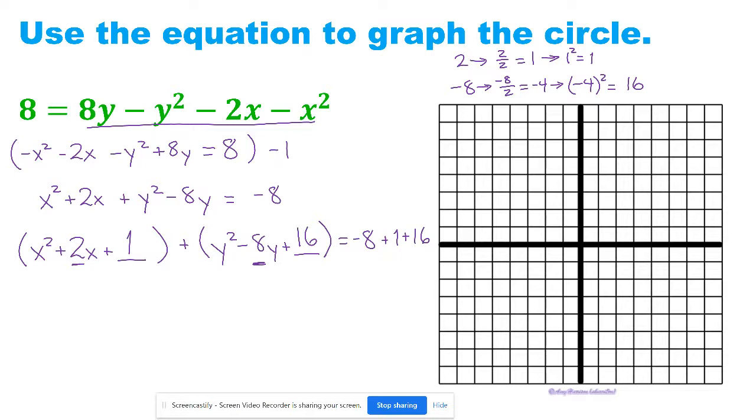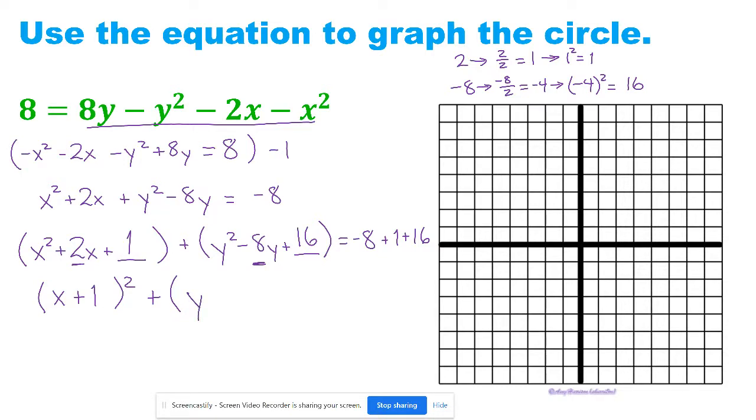All right, so now I can simplify this, factor these down. So x squared plus 2x plus 1. If I factor that, I'm thinking what two numbers multiply to give me positive 1, add to give me positive 2. It's going to be 1 and 1. So that should factor to x plus 1 squared. Go to my y's.